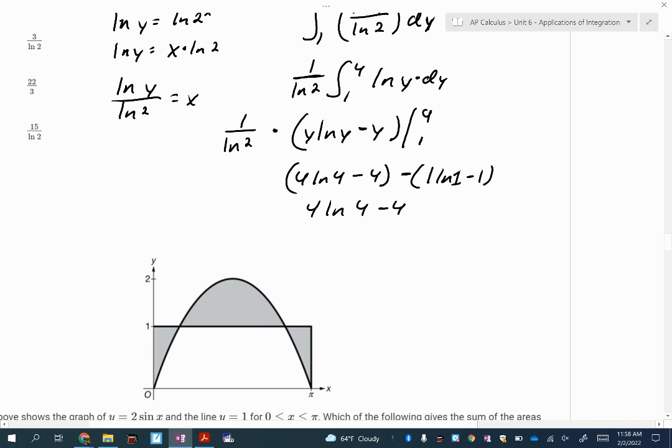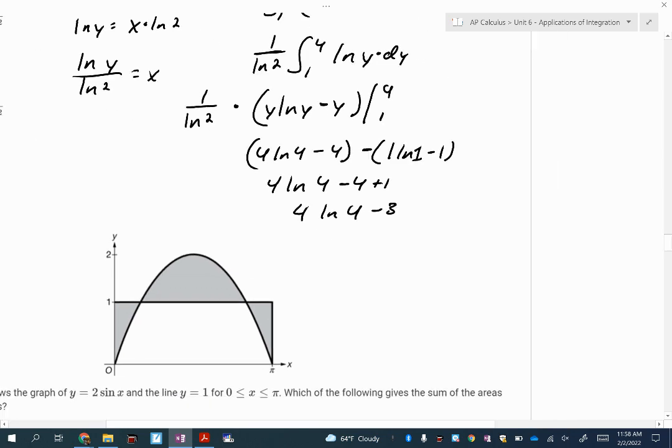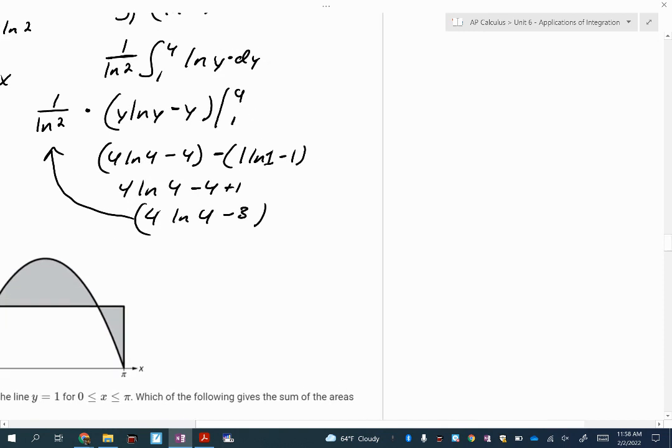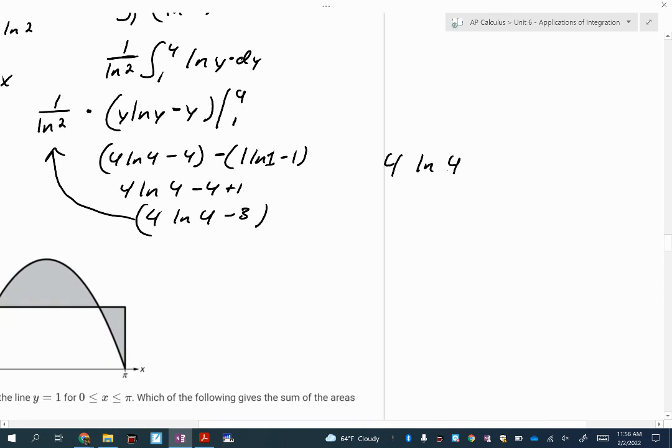The natural log of 1 is 0. So that's 0 minus 1 is negative 1, but subtracting that, you get plus 1. So 4 times the natural log of 4 minus 3. I do need to multiply each of those by that 1 over the natural log of 2. So that's 4 times the natural log of 4 over the natural log of 2, and then minus 3 over the natural log of 2.